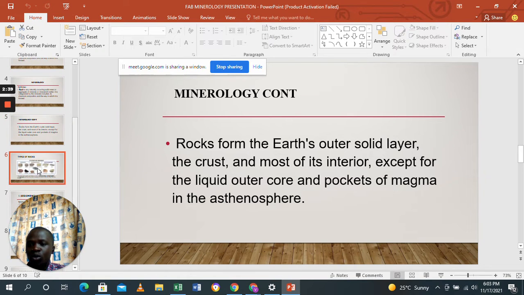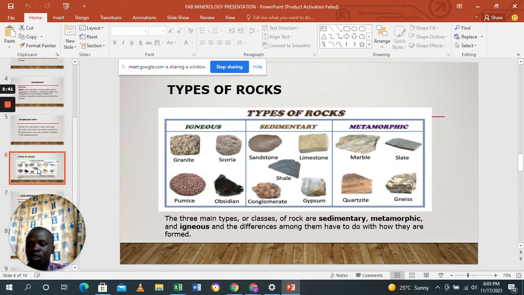We are going to look at the types of rocks as our second objective. We describe various types of rocks. According to our lesson, we have three main types or classes of rocks: the sedimentary rocks, the metamorphic rocks, and the igneous rocks.